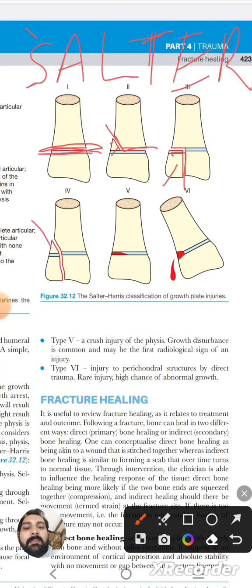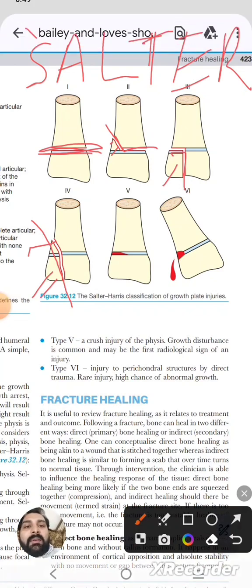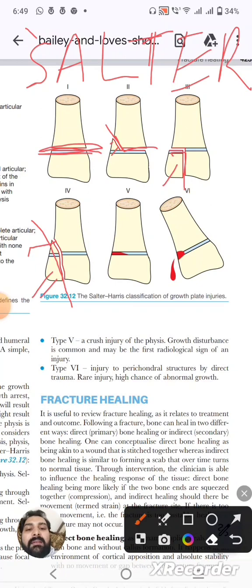When the fracture line passes through the physis and there is a metaphyseal as well as epiphyseal fragment, it is type 4. E R for eradication. When the physis gets crushed, rammed, eradicated, it is type 5, and it is very important to know because it causes growth abnormalities and growth arrest.